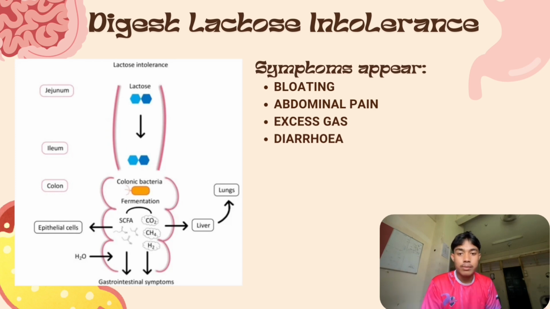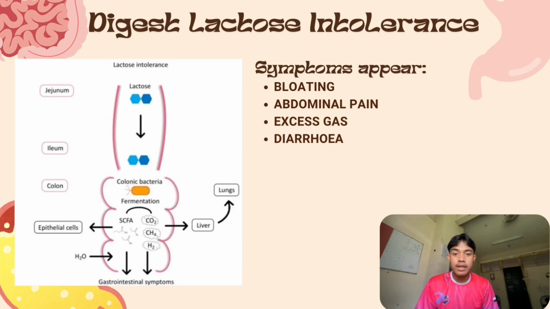Number 4, bacterial fermentation. In the large intestine, bacteria see lactose and go party mode. They ferment it and produce gases like hydrogen and carbon dioxide. That's where bloating and gas come from.